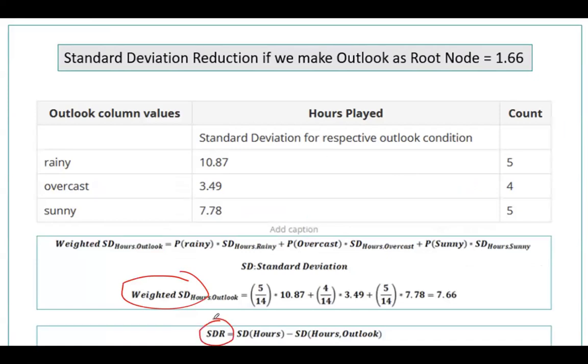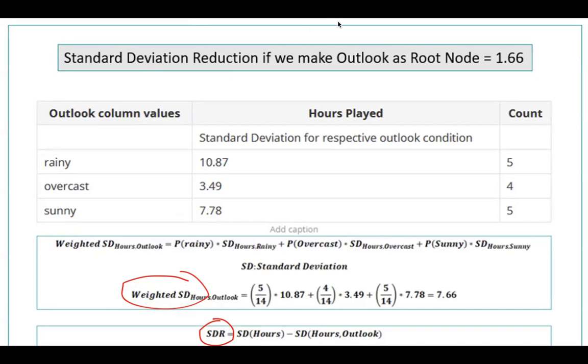We call it the standard deviation reduction. So you calculate the standard deviation reduction for each of the variables: outlook, temperature, humidity, and wind.